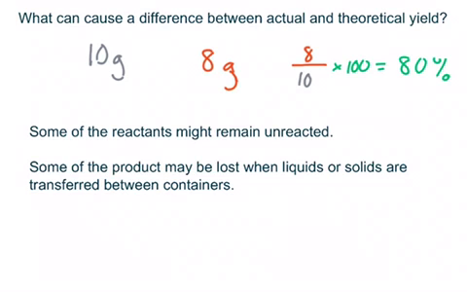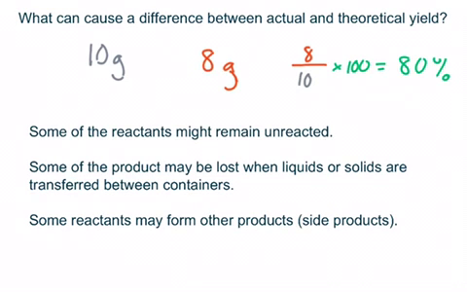Some product might be left behind in the graduated cylinder when you're trying to get all of it into the beaker. And thirdly, some reactants, instead of forming the products that we predicted in the equation, may go on to form other, different products that we call side products, and this may occur when things react with oxygen in the air instead of just the reactants that we wanted them to.